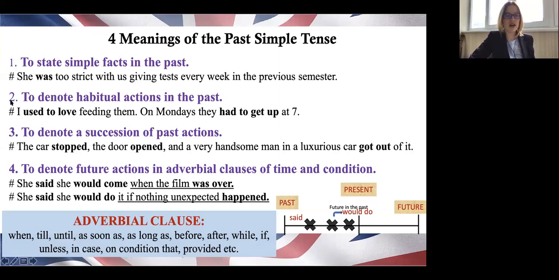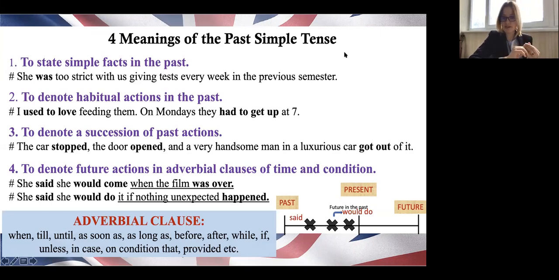Then, also, if we speak about the third meaning, to denote a succession of past actions, what do we have here? Succession means if we have several actions, 1, 2, 3, 4, and they follow one another. So action 1, then action 2, then action 3, and so on. The example below demonstrates it. The car stopped, the door opened, and a very handsome man in a luxurious car got out of it.